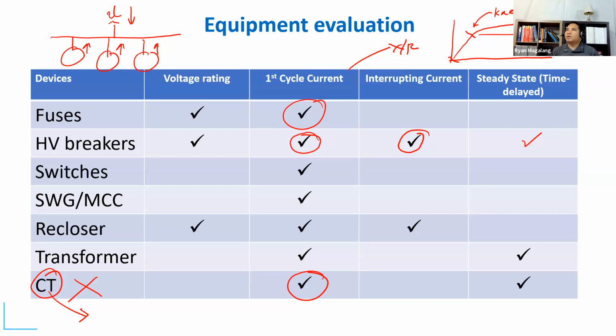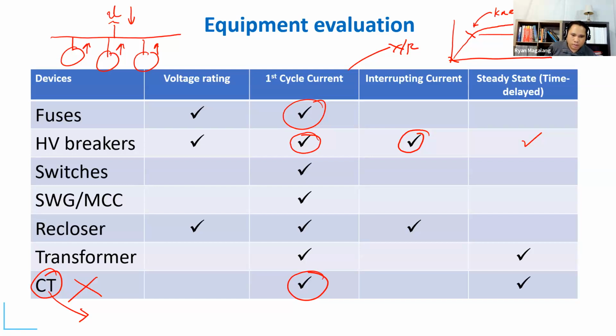But to the question, I believe if I understand the question correctly, is it okay to put a relay in an old existing facility with old breakers? I don't see why not.